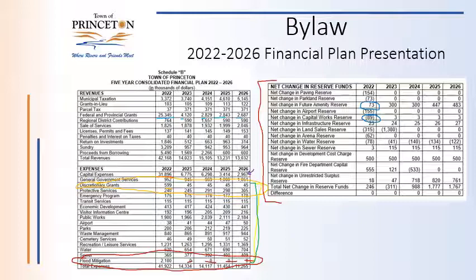So when we take a look at all these reserves here, and actually these two reserves here, are all for capital purposes. Typically, reserve funds can only be used for capital purposes. They cannot be used for operational expenditures.